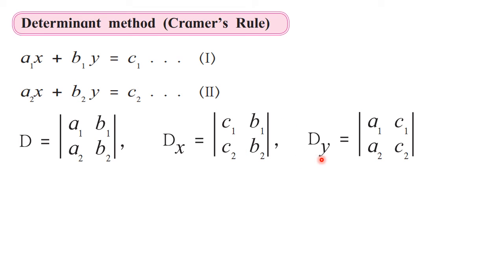And for dy, we are going to ignore the coefficients of y. We are not going to take them into consideration. So these constants come in the second column in place of the coefficients of y. And then the first column, which is the coefficients of x, that is a1 and a2, will come as the first column. In this way you are going to write d, dx and dy.